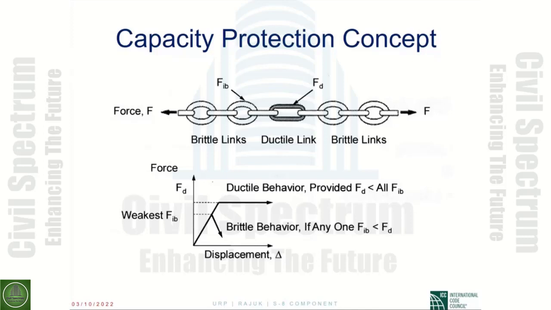But you want to make sure that this element can really displace at the displacement needed, so that you don't fracture it. So that will be the capacity protection design.